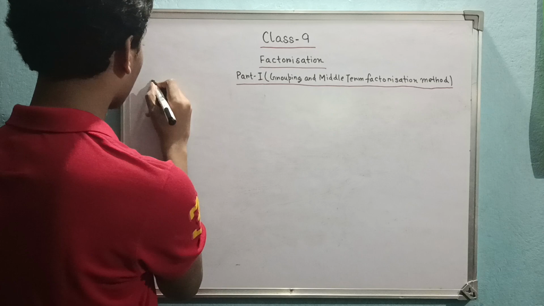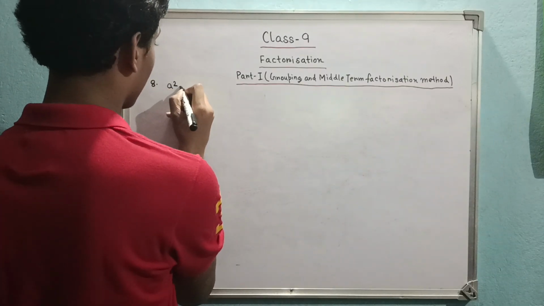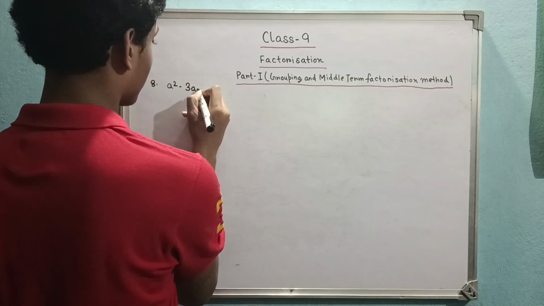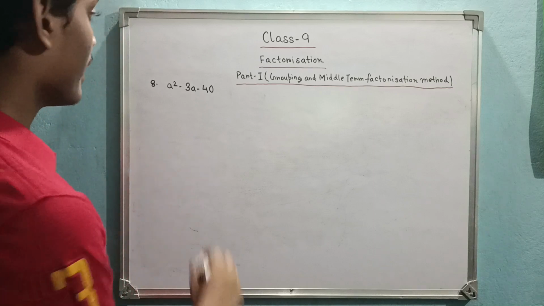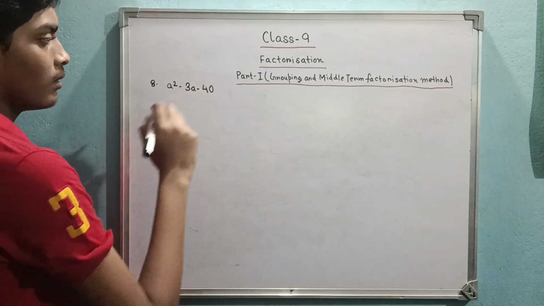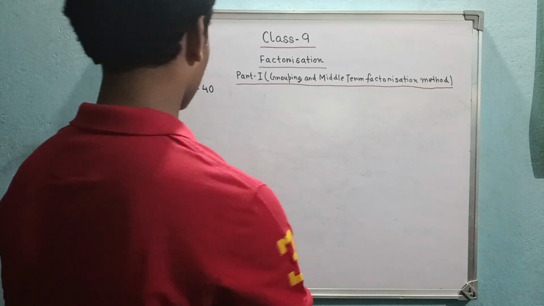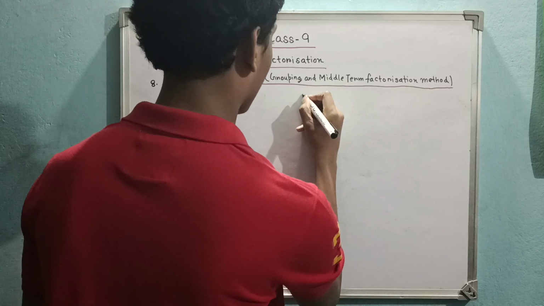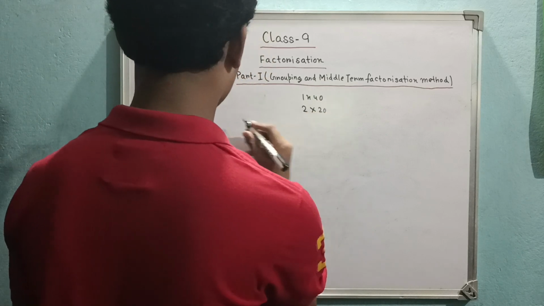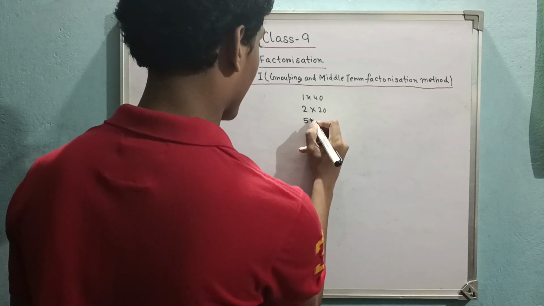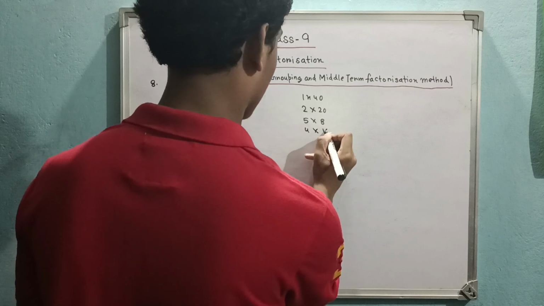Number 8. We have a square minus 3a minus 40. So guys, let us see how 40 can be made by multiplying numbers. 40 can be made by 1 into 40, 2 into 20, 5 into 8, 4 into 10 as well.